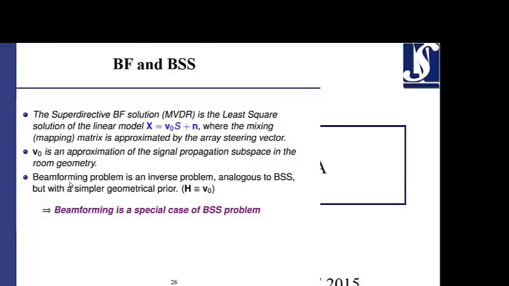But we know that it's a very crude assumption because the array manifold assumes that everything is directly coming to the microphone. But in convolutive cases, it's not like that. It goes everywhere and you have reflections from everywhere, which makes that direct assumption incorrect and not accurate.